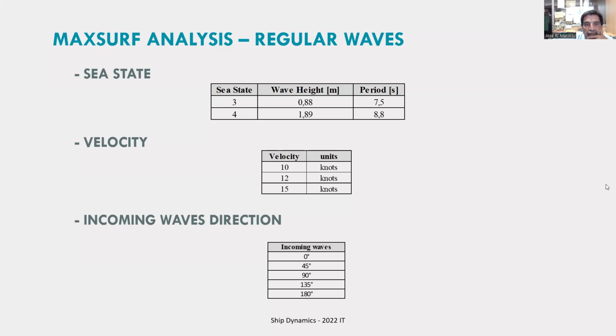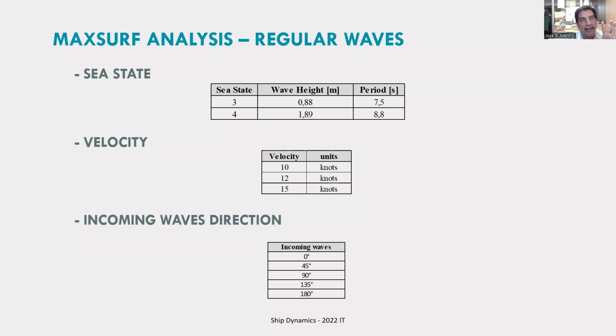So, we consider three velocities: 10, 12, and 15 knots. 15 is the maximum velocity of the design. And for the incoming waves, we also consider 5 directions. But as you say, we have to add more. Okay, good. Also, just a simple correction: when you mention wave height, I would need you to include more details.